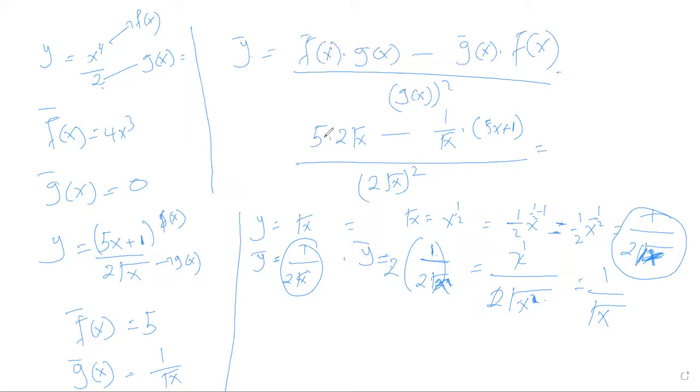This means 5 times this one, I'm going to get 10 root of x, minus this one will be 5x plus 1 divided by root of x, divided by this one, where the root and square will cancel each other.